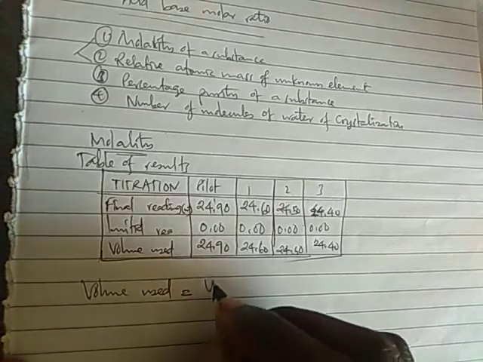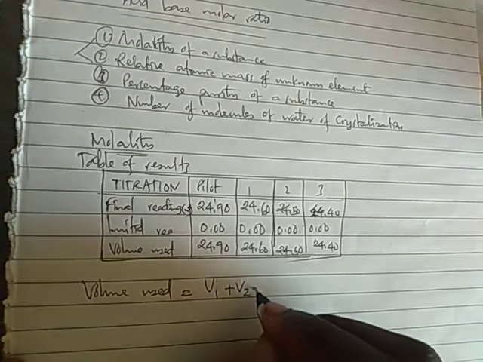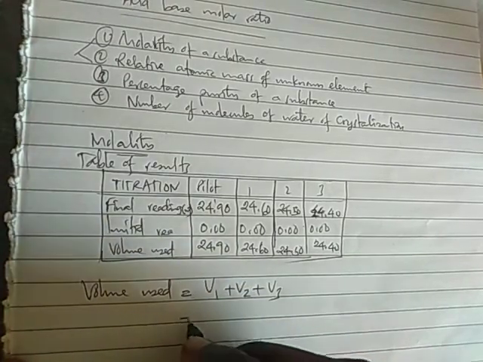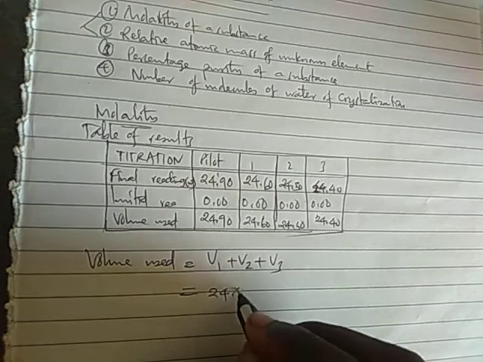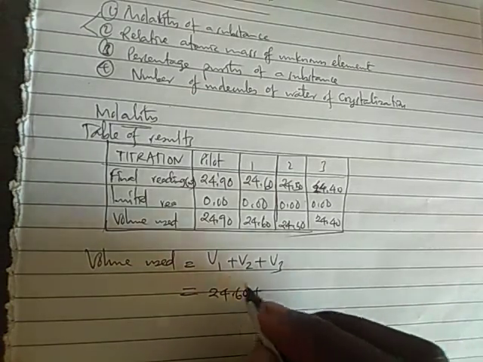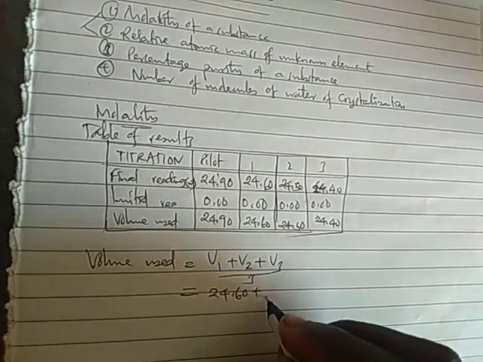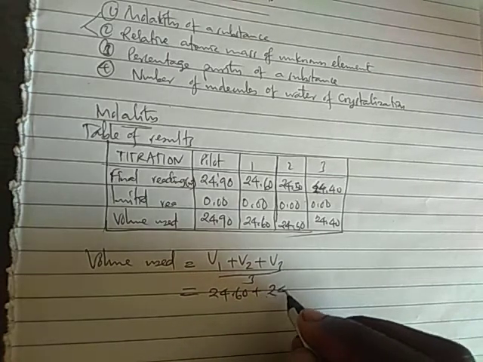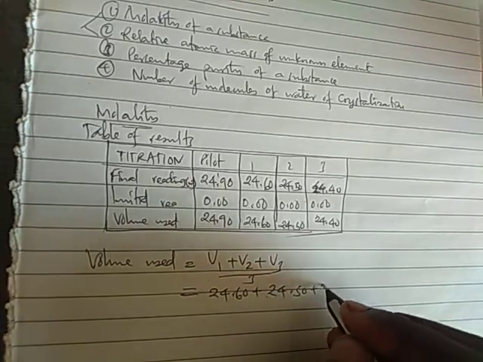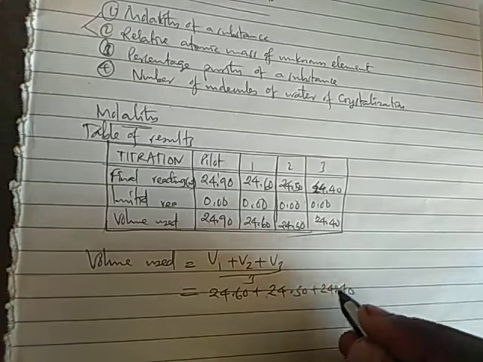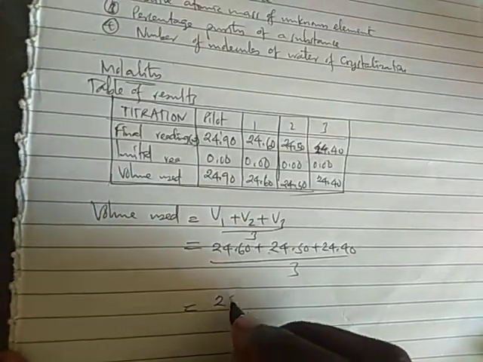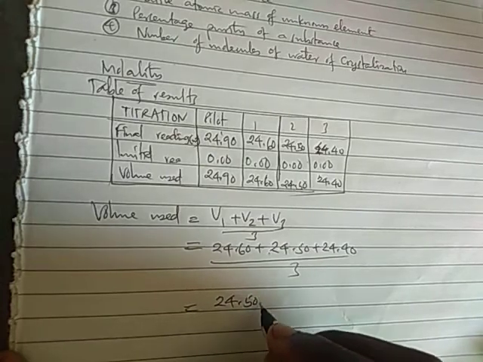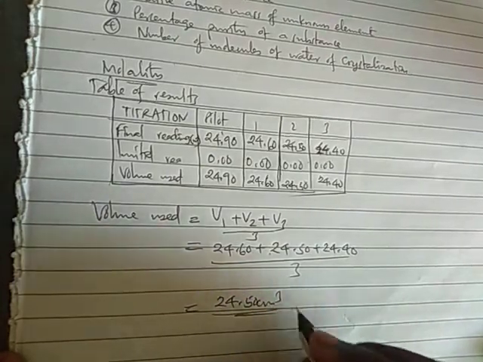utapata V1 plus V2 plus V3, ambayo ni sawasawa na 24.60 plus 24.50 plus 24.40, divided by 3. The final answer tupata ni 24.50 cm cube.